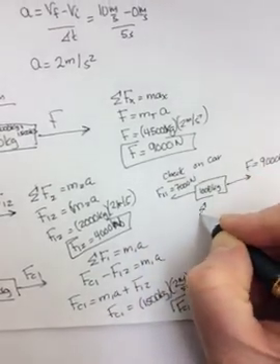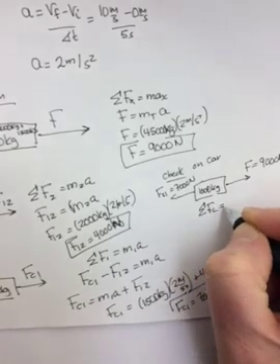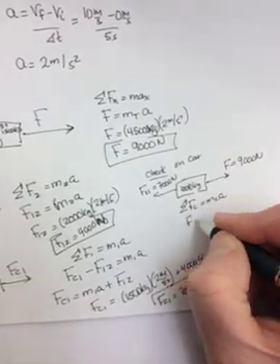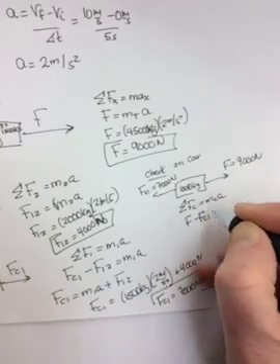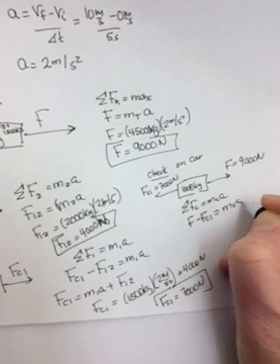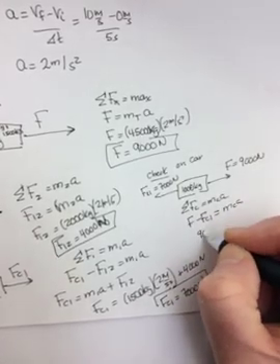So the sum of the forces on the car should be equal to the mass of the car times A, so F minus the force that the trailer's putting on the car will be equal to M of the car A. So then fill your values in.